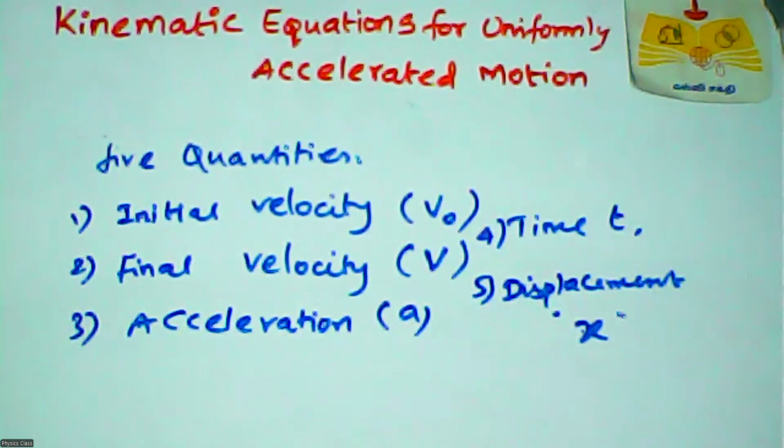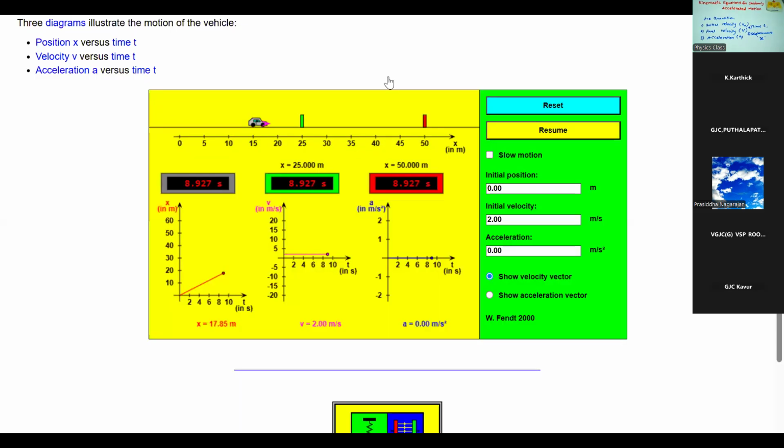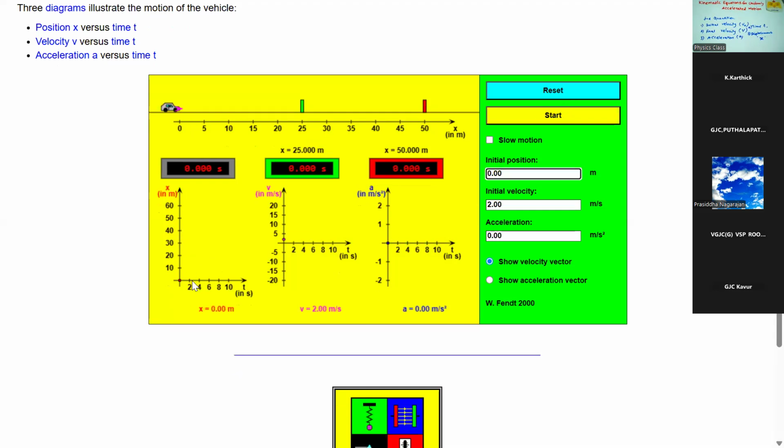Now I will show one simulation. Just look at that here. You can see that there are three graphs.